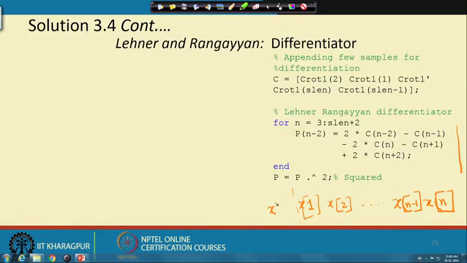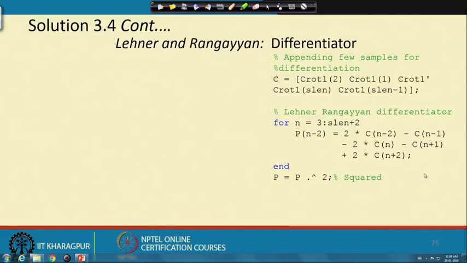We are having again x 1 and x 2, and at the end, after x n, we are having x n plus first, x n, and then followed by x n minus 1. So, that is the way we have increased the length, to give it the maximum smoothness, because if we pad with 0, it will unnecessarily give rise to some high frequency at that point.